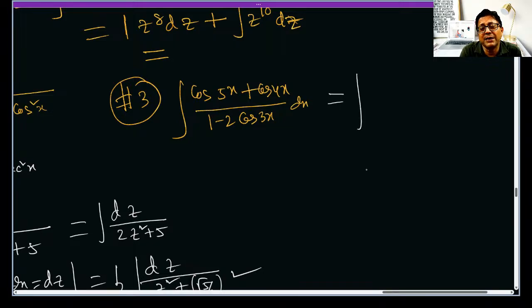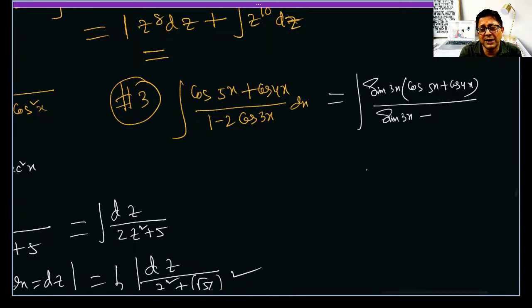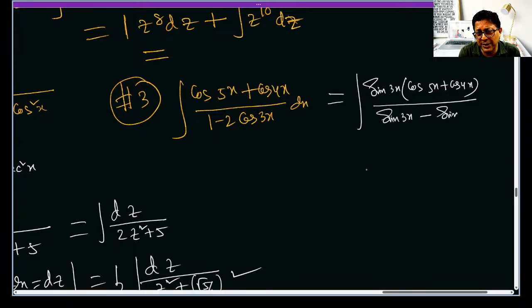Multiply numerator and denominator by sine 3x. Why? Because sine c minus sine d we can apply in the denominator. So sine 3x, this divided by 2 sine 3x cos 3x, it will be sine 6x.